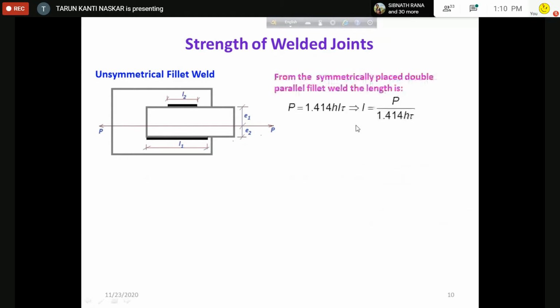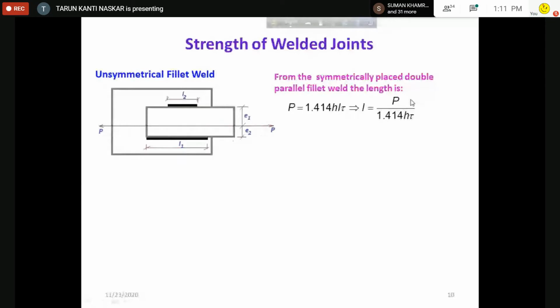And from the symmetrically placed double parallel fillet, that means from the last slide, the weld length is this. This we have already found out from the last slide. So this is the length if they are symmetrically placed.